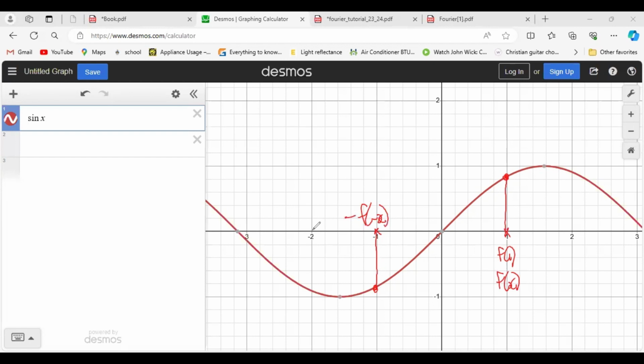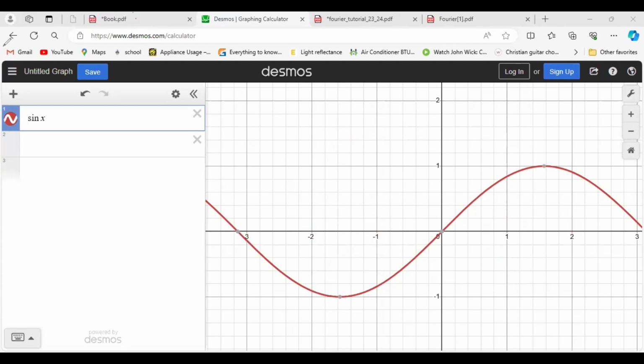All right, same thing for -2 and 2. You'll notice that the value is inverted. All right, so it obeys that f of 2 is equal to minus f of minus 2. So therefore, this function will be an odd function, right? Hence it's sine, right?